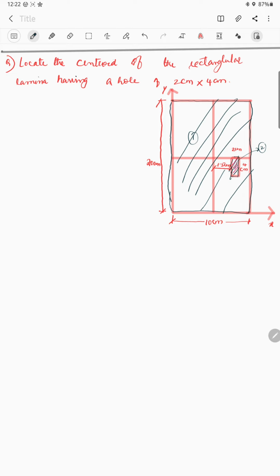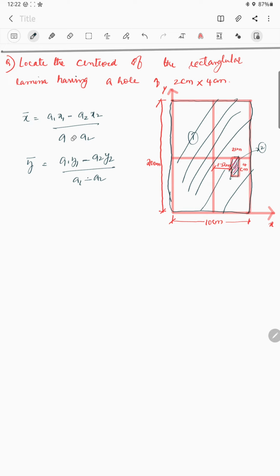So that means our formula will go like this: for x bar we'll have a1 x1 minus a2 x2 whole divided by a1 minus a2. Similarly for y bar, a1 y1 minus a2 y2 whole divided by a1 minus a2.